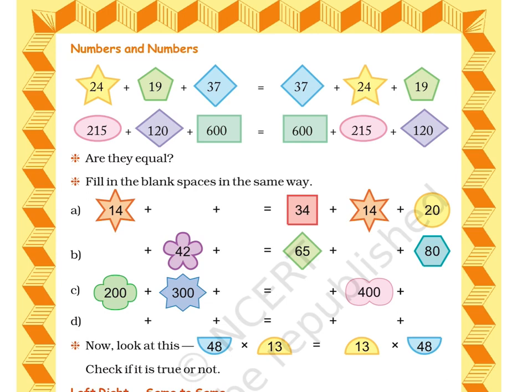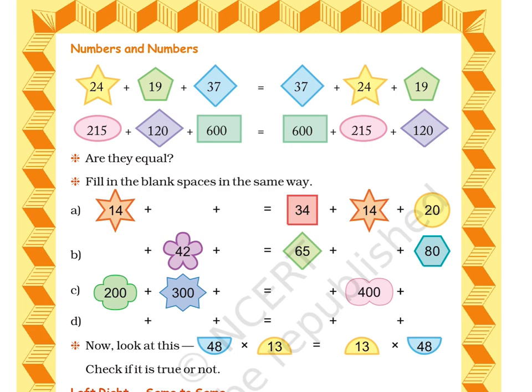C. 200 plus 300 plus dash is equal to dash plus 400 plus dash. D. Dash plus dash plus dash is equal to dash plus dash plus dash.